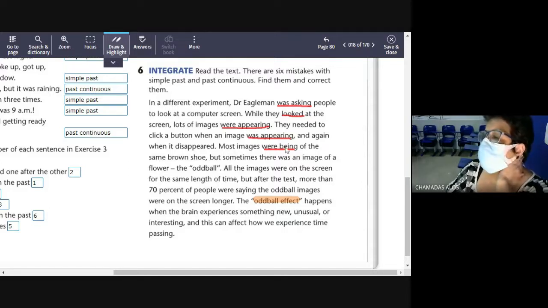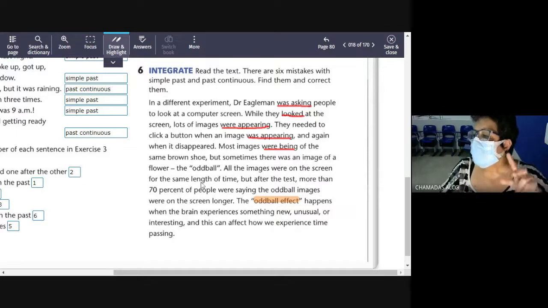Most images were of the same brown shoe, but sometimes there was an image of a flower, the oddball. All the images were on the screen for the same length of time. Length of time is period of time.